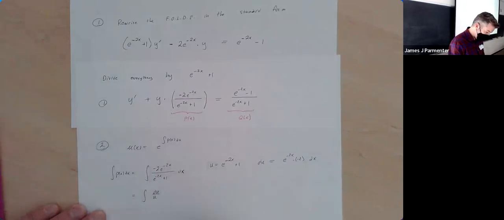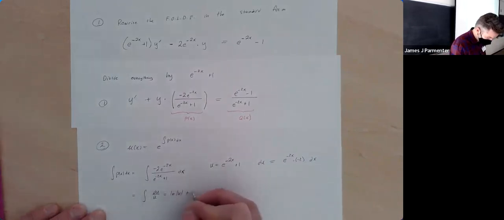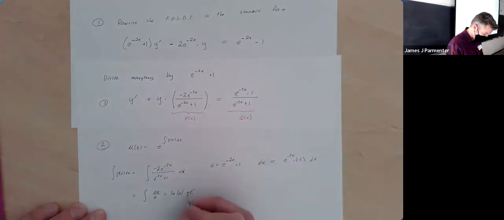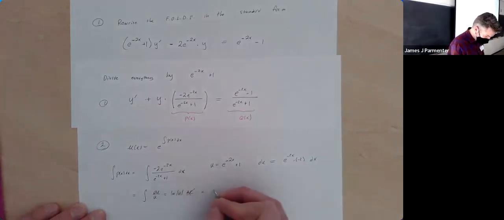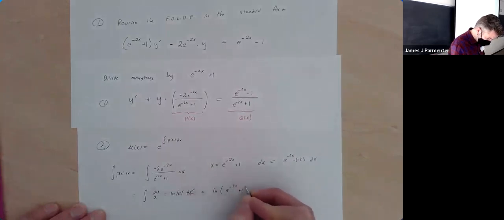So this is going to equal the integral of du over u, which is the natural log of the absolute value of u plus c. But we don't really worry about the plus c or the absolute value. We'll say it's the natural log of e to the negative 2x plus 1.